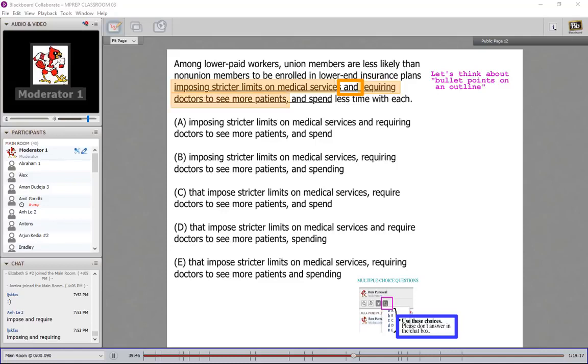But these are two things that insurance plans do, like two characteristics of insurance plans. Whereas spending less time is not, insurance plans don't do that. So there's no way that could be in parallel with those other things. Doctors do this. And what's the relationship between that and the orange stuff? What's the relationship between spending less time and seeing more patients? Are those independent of each other?